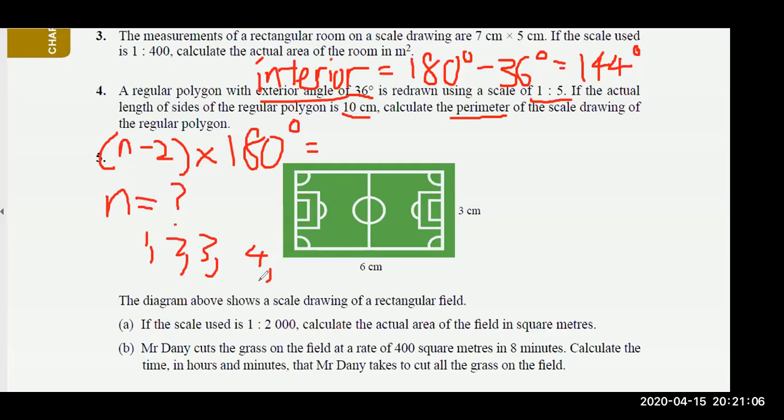So from this case, I just let n equal to 10. So 10 minus 2 equal to 8, multiply 180 equal to 1440, right?